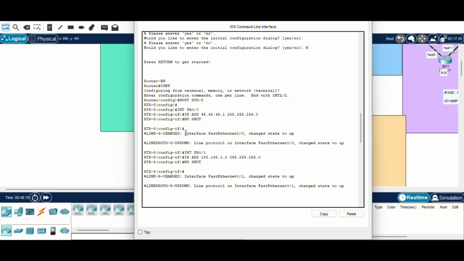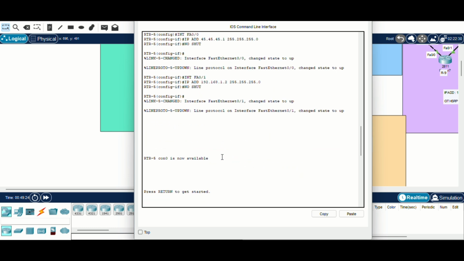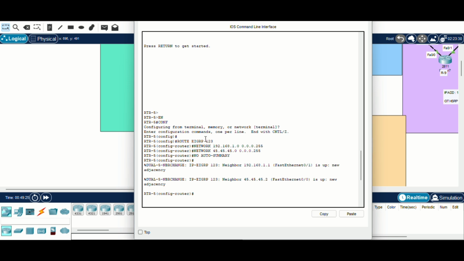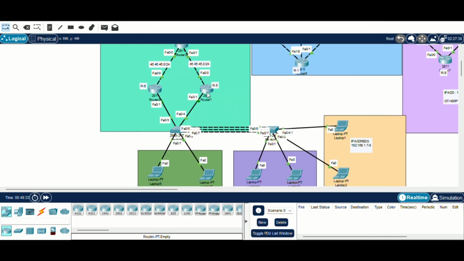Don't forget no shutdown. And for interface FA1, the IP address is 1, and no shutdown. And you make router EIGRP for the two networks. Don't forget no auto-summary. And then they must use the same AS number.